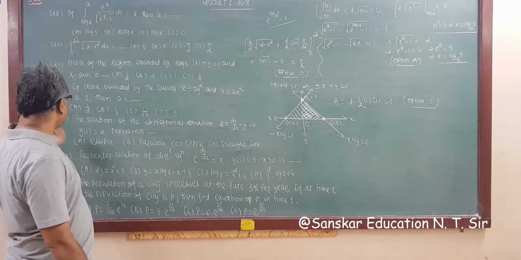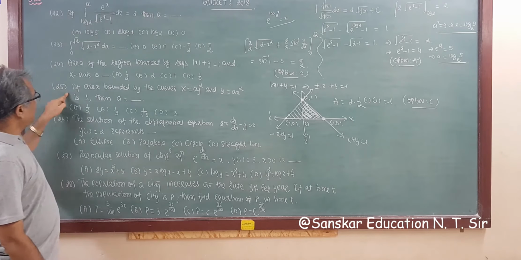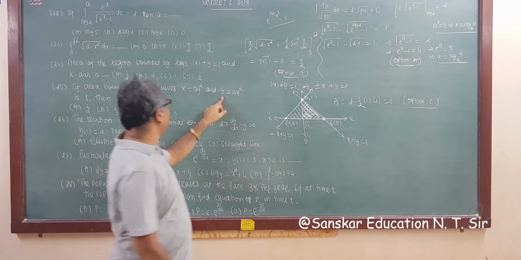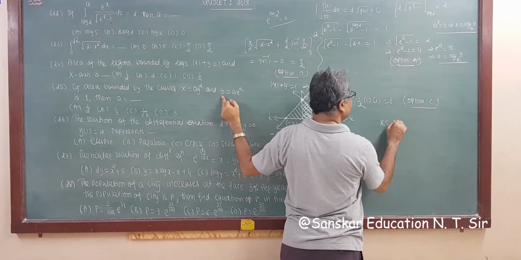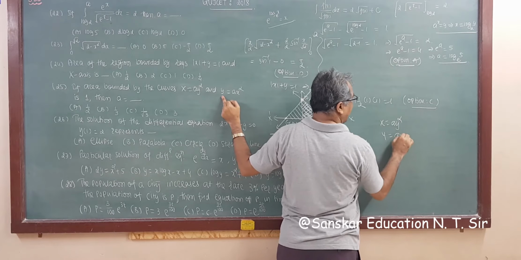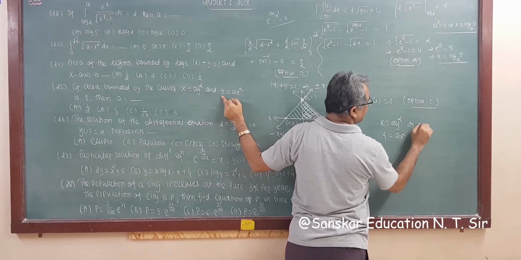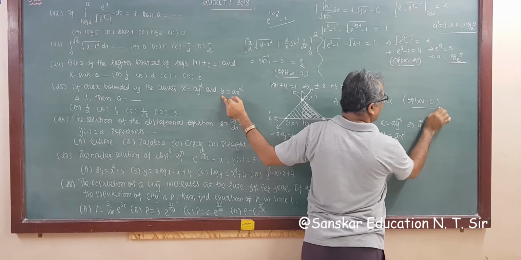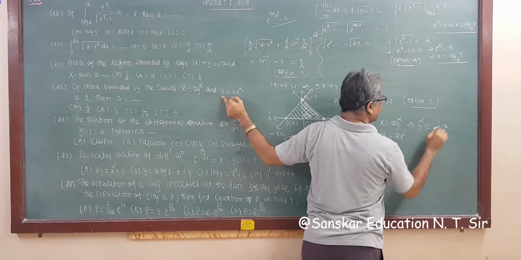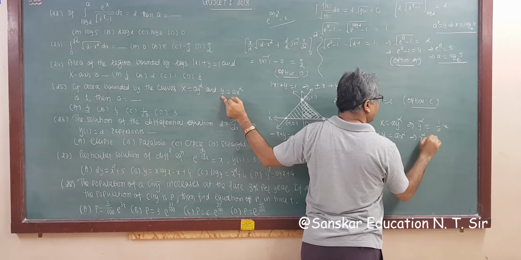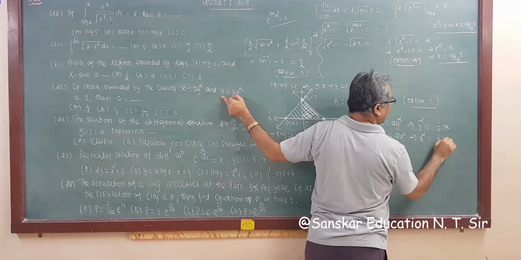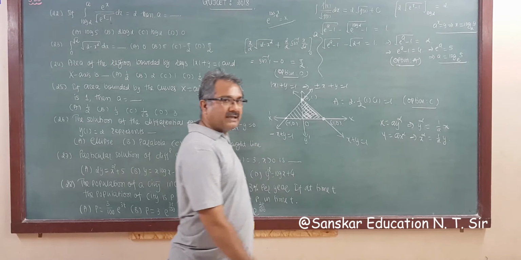Next, the area bounded by the curves x is equal to ay square and y is equal to ax square. It is given here x is equal to ay square and y is equal to ax square. So this implies y square is equal to 1 upon a x, and here x square is equal to 1 upon a y.